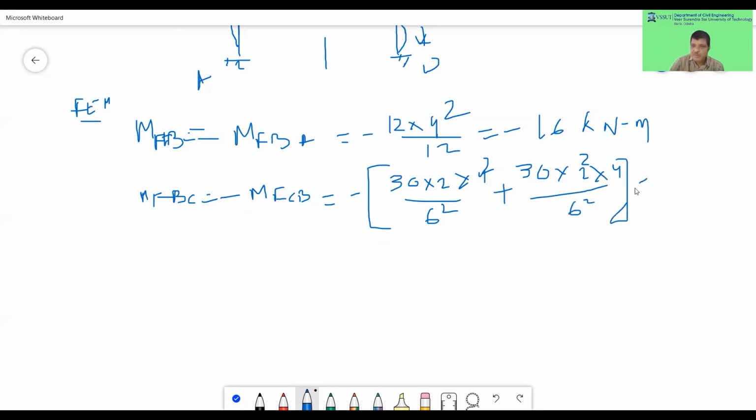This comes out to be minus 40. Now similarly, you can calculate MFCD. MFCD is equal to minus MFBA, and that comes out to be WL square by 12. Similarly, as in AB, it is the same value.